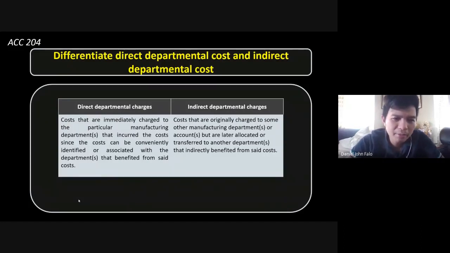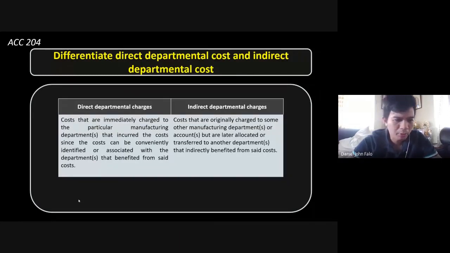So, magandang example nung direct departmental charges is yung salary ng machine operators. Saan yung machine operator, doon lang nagtatrabaho sa direct department, doon sa department na yun. Pero pag meron kang supervisor, let's say factory supervisor, and then there are several departments for which the supervisor monitors.